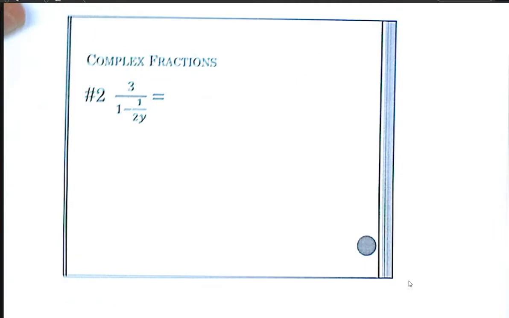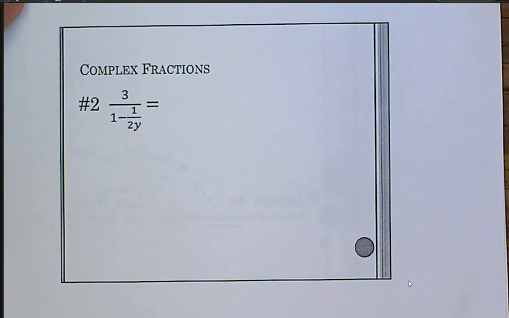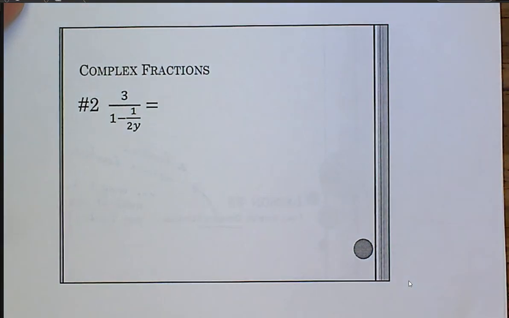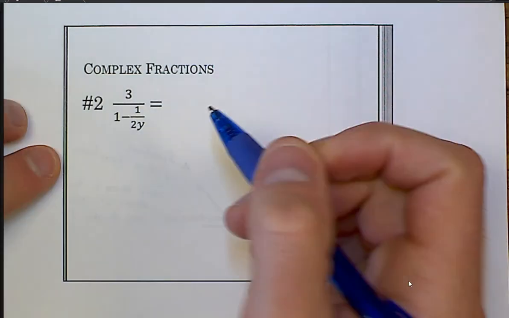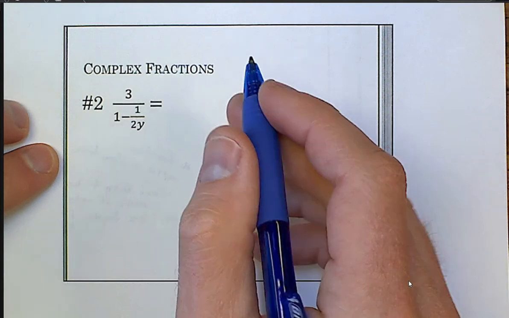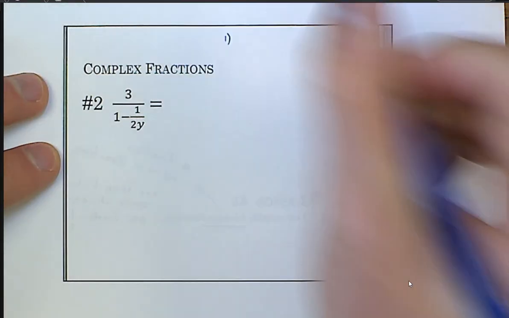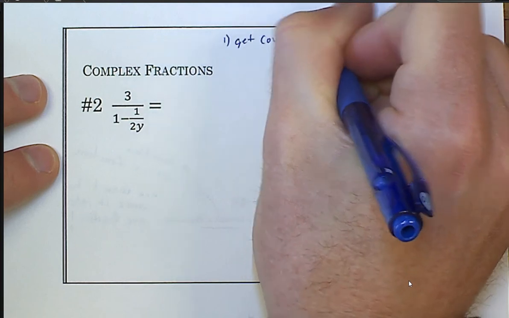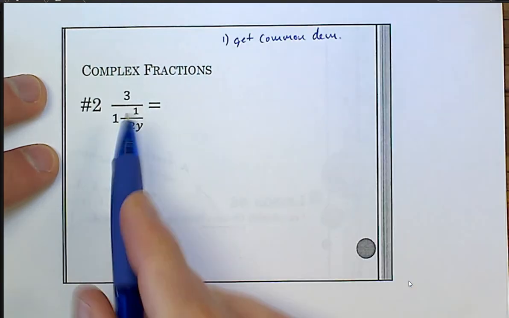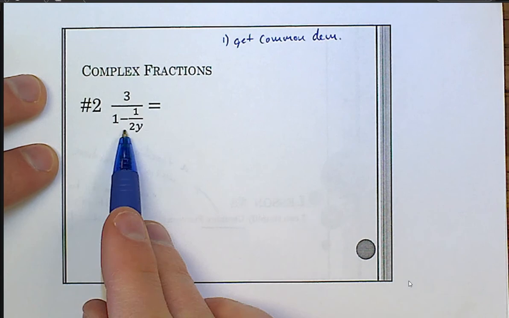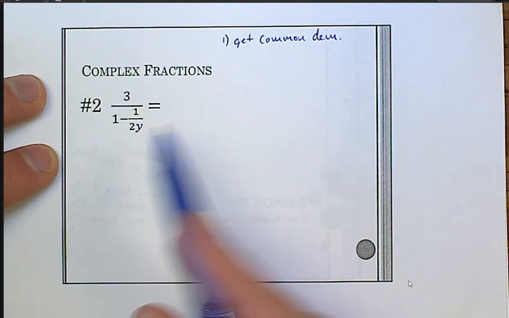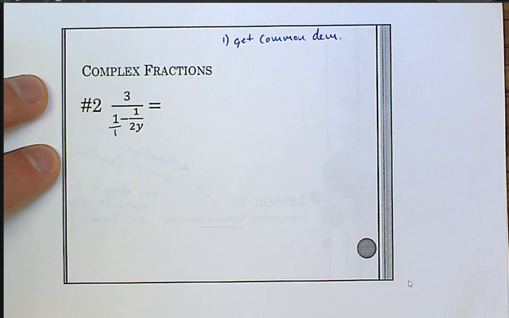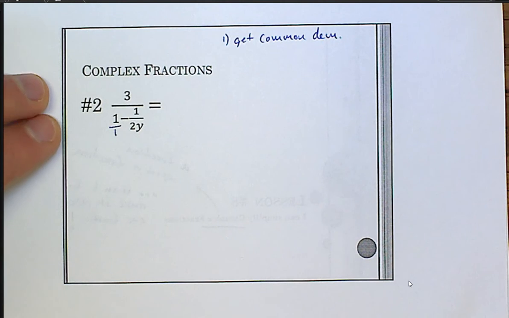Now, we have a situation here where we have 3 divided by this. What you're going to have to do in some of these situations is first get a common denominator within either the numerator or the denominator. For example, here, 1 minus, I can't do that, right? Because I've got to get a common denominator with the 2y before I can put this together.